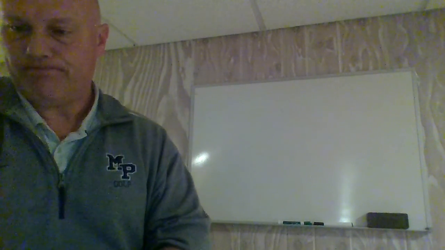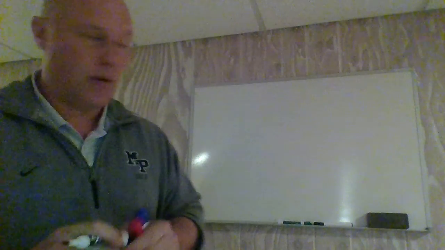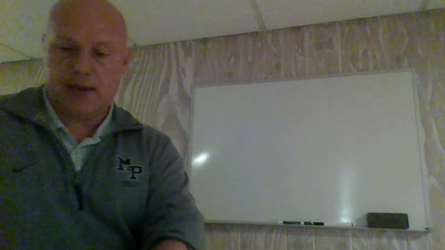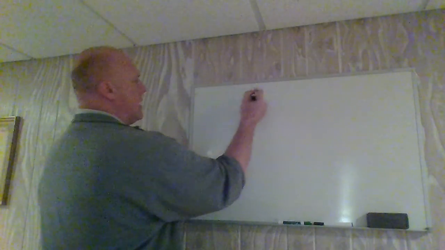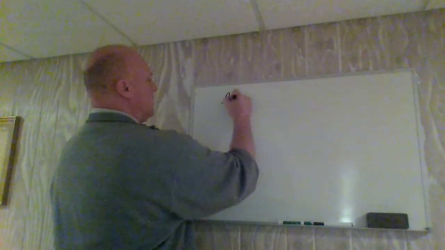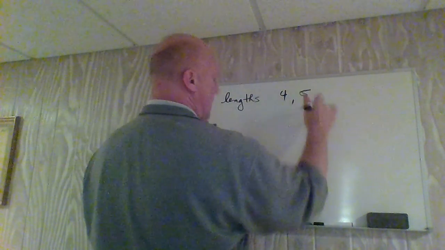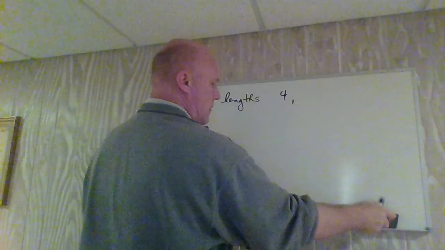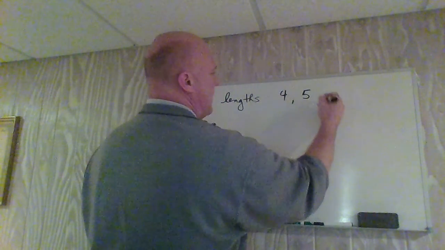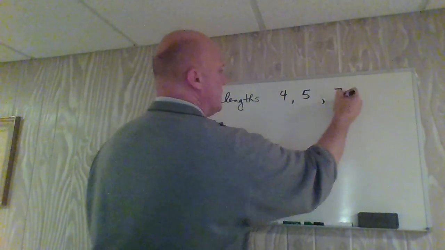We talked about a couple things. We talked about the triangle inequality theorem, which says that if I gave you 3 lengths, say 4, 5, and I don't know, 7.